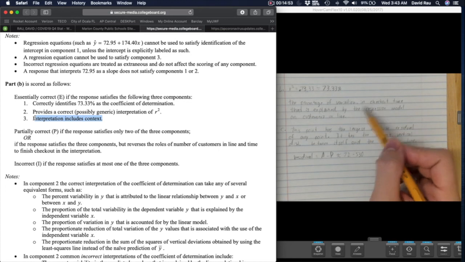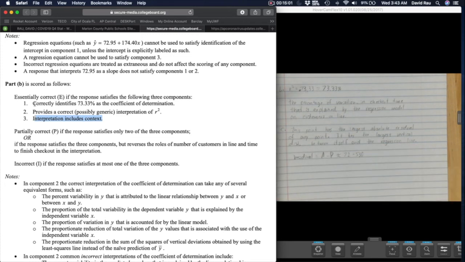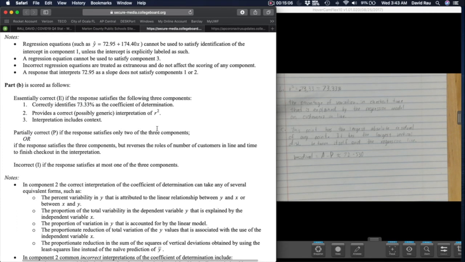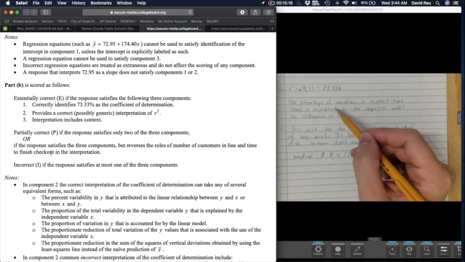So there's your cookie cutter sentence involving explanatory and response, but make sure you're addressing what the actual prompt of the problem has. Again, if you hit all 3, you got your E. If you got 2 of the 3, or if you satisfied the 3 components but reversed the roles of customers in line and checkout times, in other words, if you say the percent of variation in customers in line explains the checkout time, that's not really right.